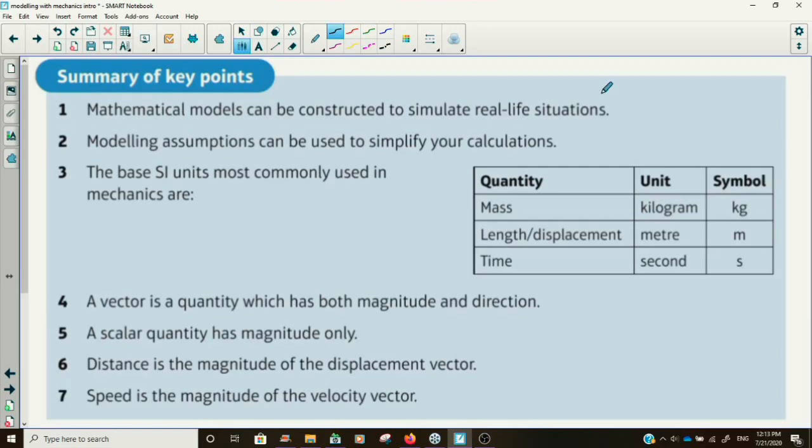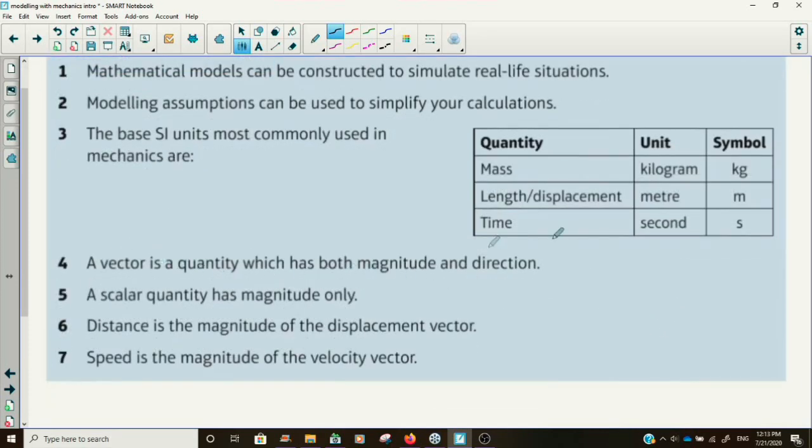Okay, just to summarise what we've done in this chapter, we've looked at mathematical models and how to construct a mathematical model to simulate a real-life problem, and modelling assumptions, how they can simplify our calculations by taking assumptions like no air resistance. Okay, we've looked at the SI units, those common ones used being mass, length and time, and what is a vector?